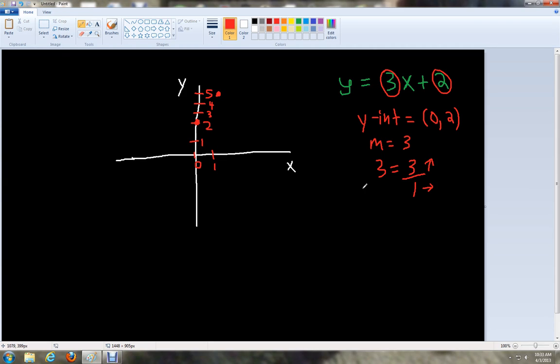And then we go over 1. We also know 3 can be the same thing as negative 3 over negative 1, because negative divided by negative is positive. So we'll have a down 3 and then left 1. We go down 3, 1, 2, 3, and then to the left 1.